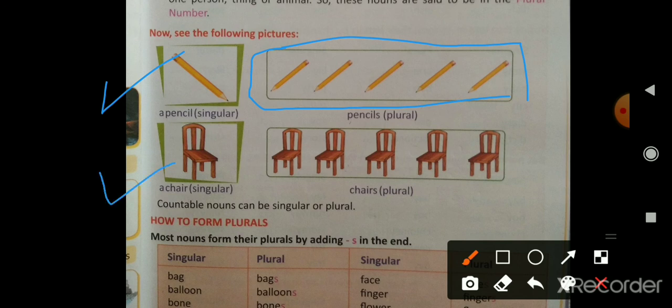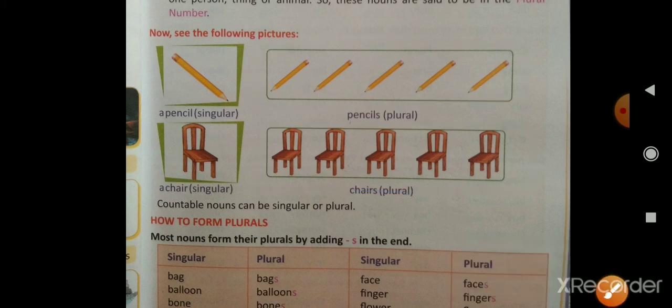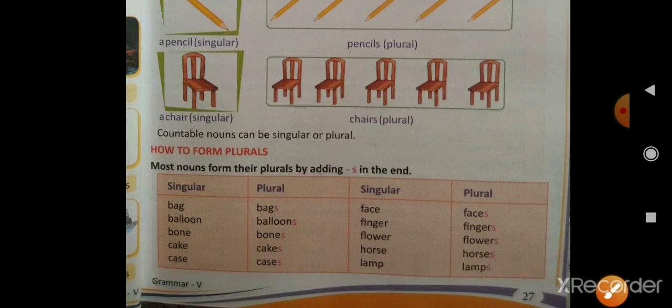Next, as it is a picture of a chair, so it is singular, and these are the pictures of chairs, so these are plural. Clear? Now countable nouns can be singular or plural, means it can be one in number or it can be more than one in number, right? So countable nouns can be singular as well as plural.